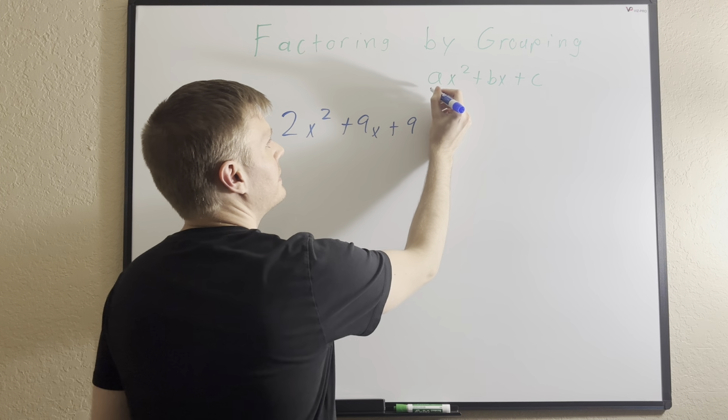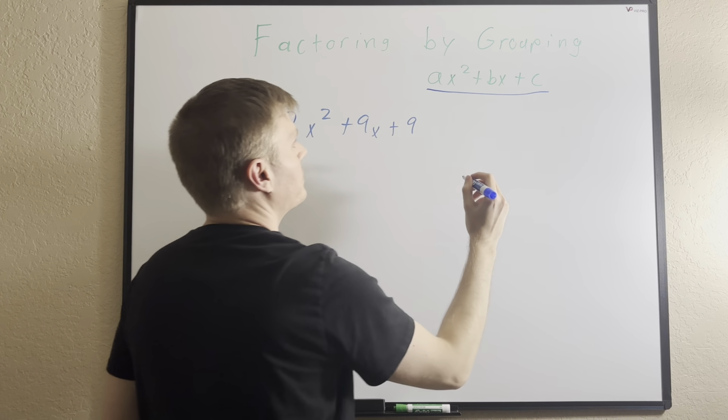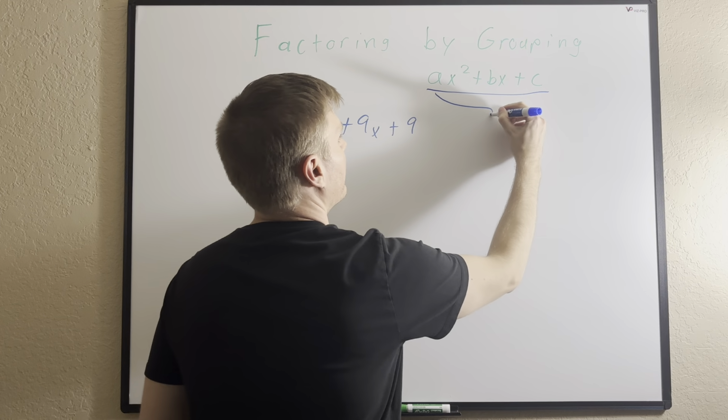But we have this standard form written out here for a reason. It's because we're going to take A and C and multiply them together. So in this case, A is 2 and C is 9, and we're going to get 18, right?